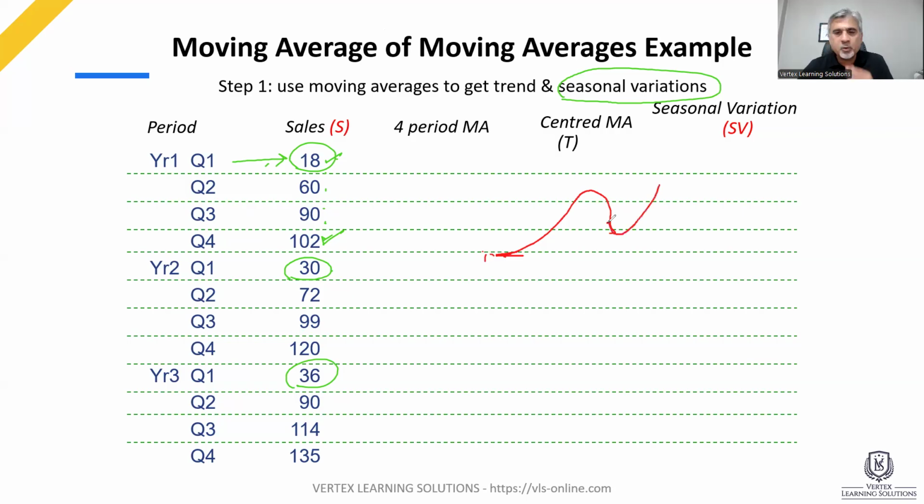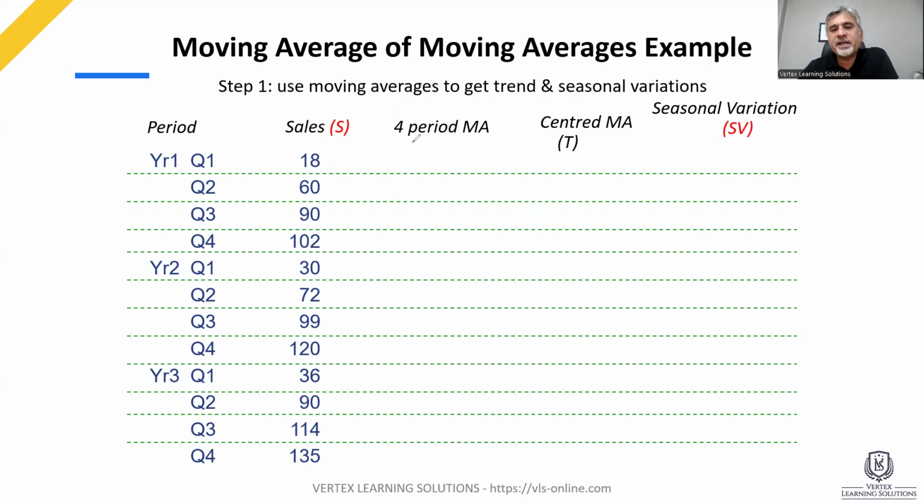Then it goes up, then it goes down. This is 18, this is 30, this is 36. So you can see that there is some kind of seasonal variation. But overall, the trend is going up, because here quarter 2 is 60, here quarter 2 is 72, here quarter 2 is 90. So I can see the trend going up. Anyway, these are the sales.